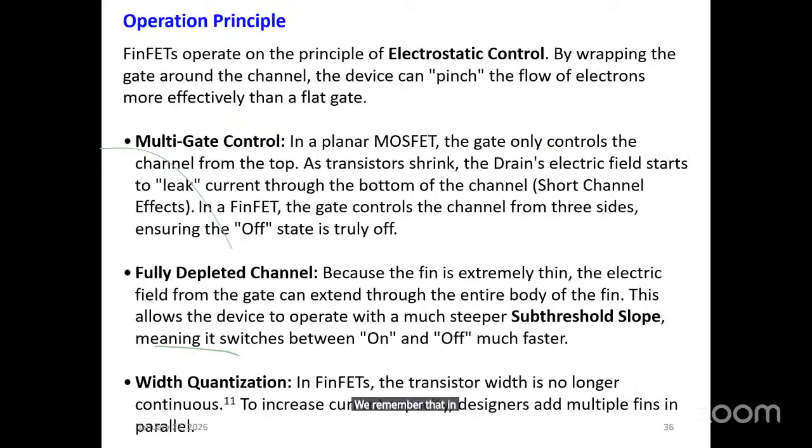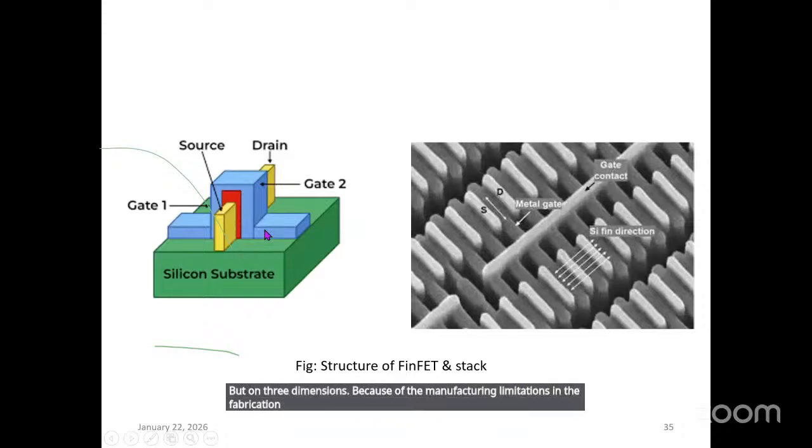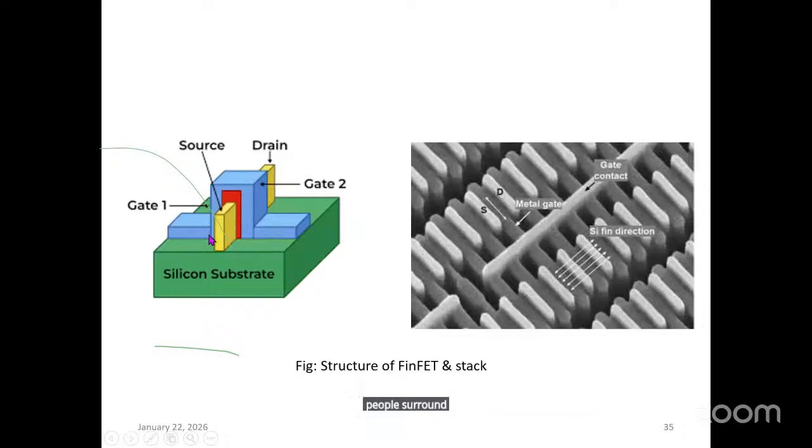Okay. The next is the derivative of FinFET. We remember that in FinFET, the channel is surrounded on 3 sides. Because of the manufacturing limitations in the fabrication labs, people surrounded the channel on 3 sides. Then again, the invention has no end.